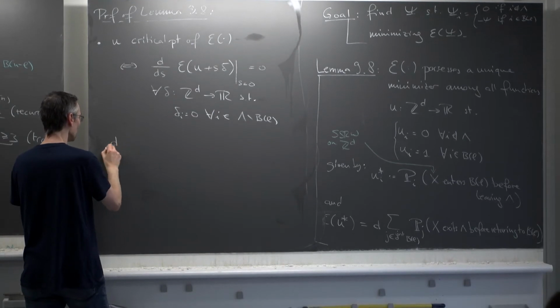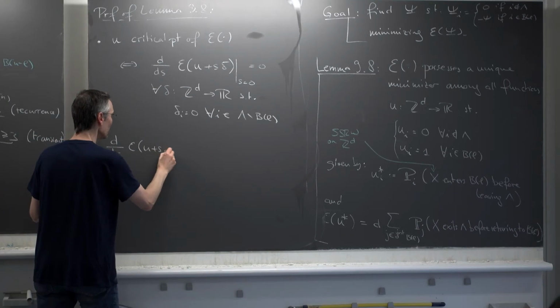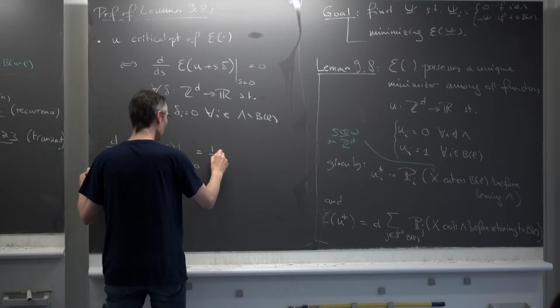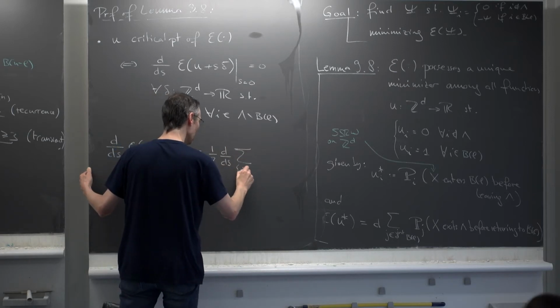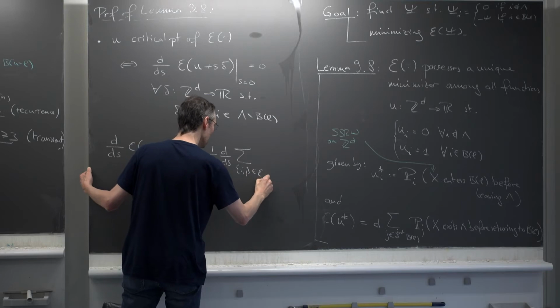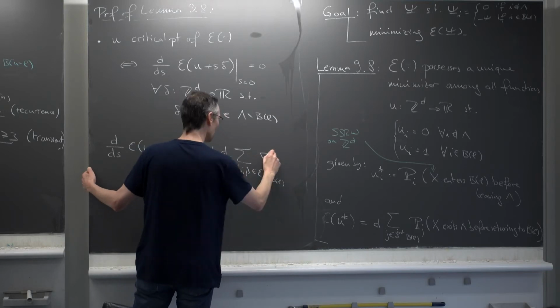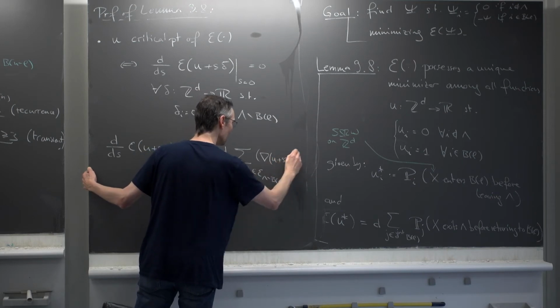So we are interested in d/ds of E(u plus s delta) at s equals 0. So let me recall what this is. It's 1/2 d/ds sum over all ij in E of Lambda minus B_L of the gradient of (u plus s delta) at ij, squared.